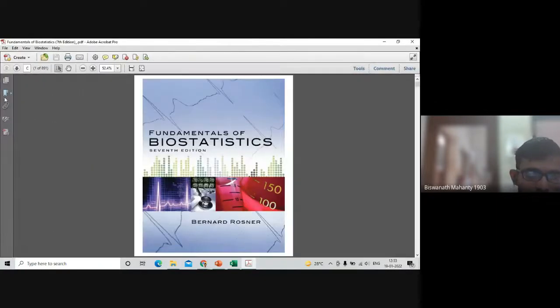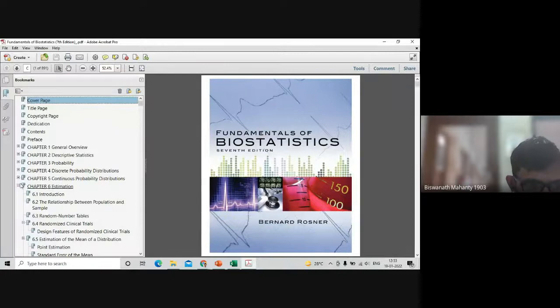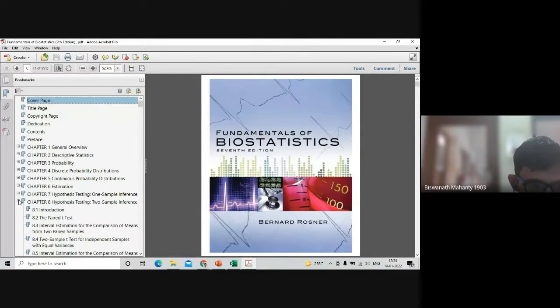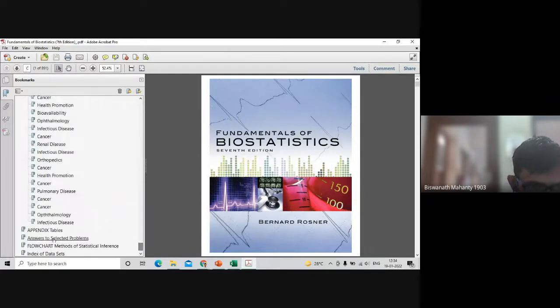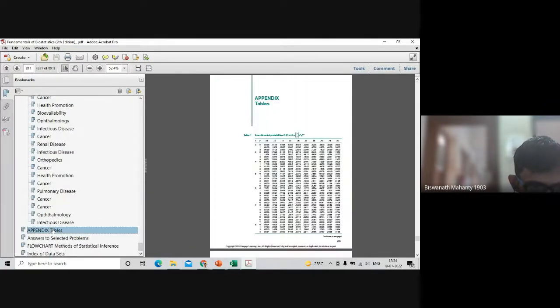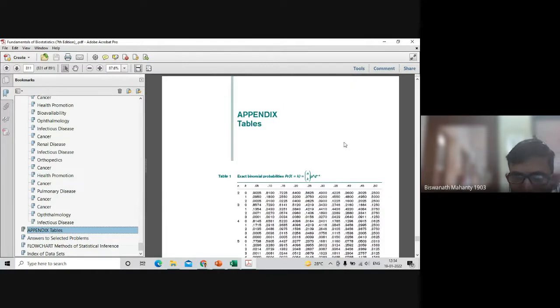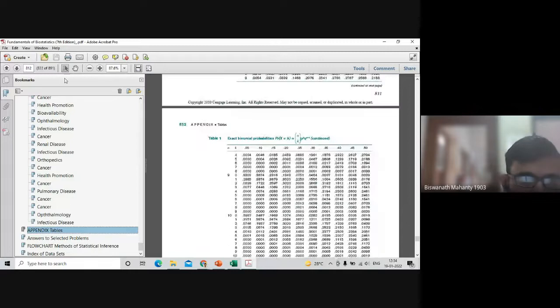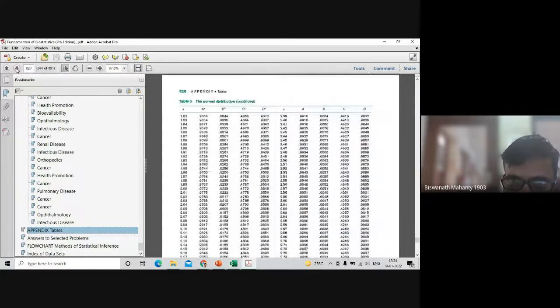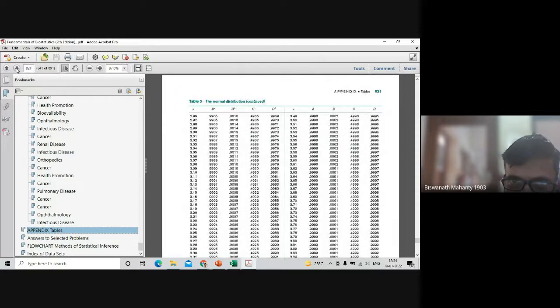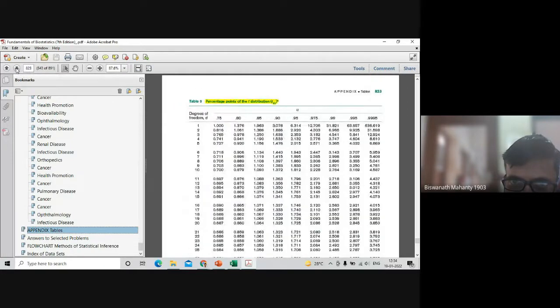And we found the statistical table in the appendix, right? Appendix to the table, I think, yes. Now we are looking for it quickly. Here we were going to talk about normal. Now we are coming to T distribution.